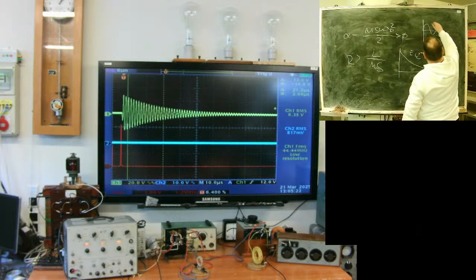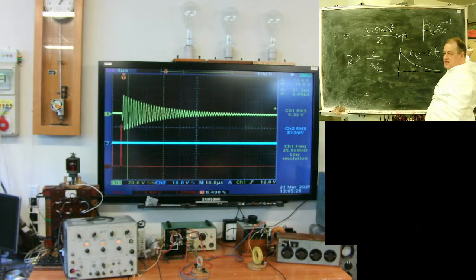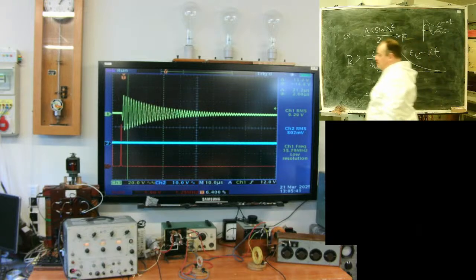Decaying oscillation. This line is e to the minus alpha t. It's a decay factor, a decay constant. How fast does the process go to zero? Yeah, I got it.